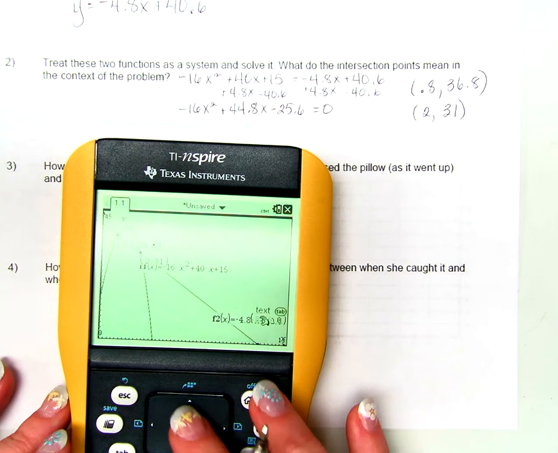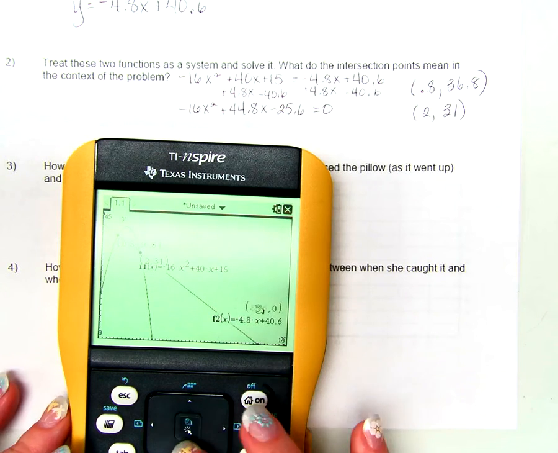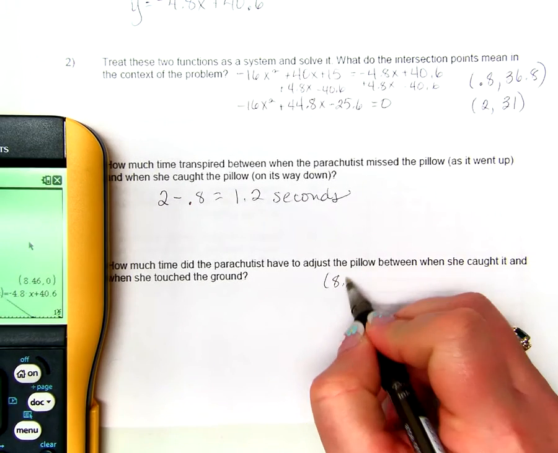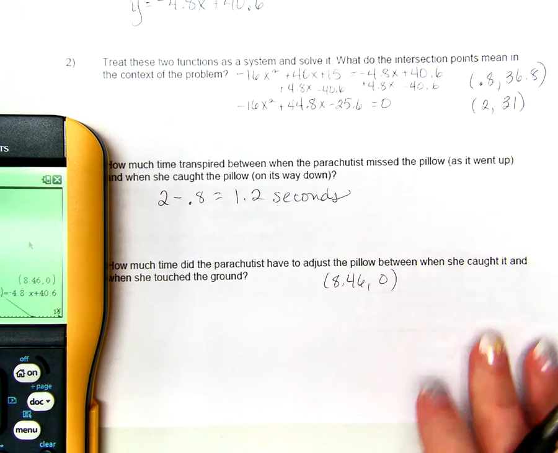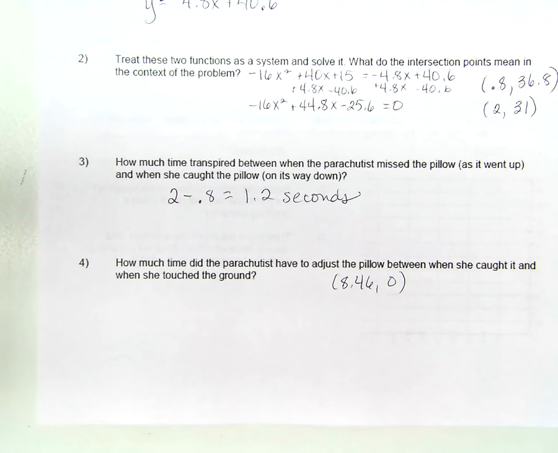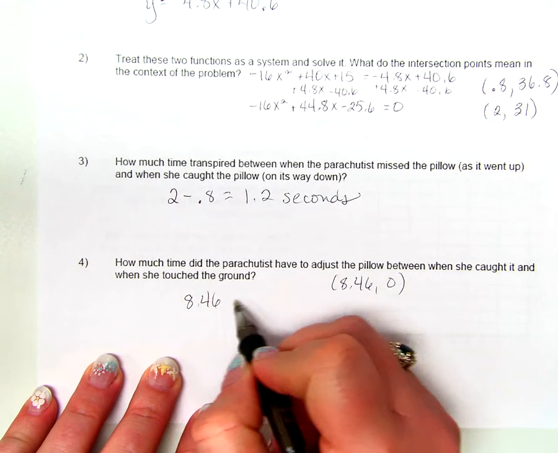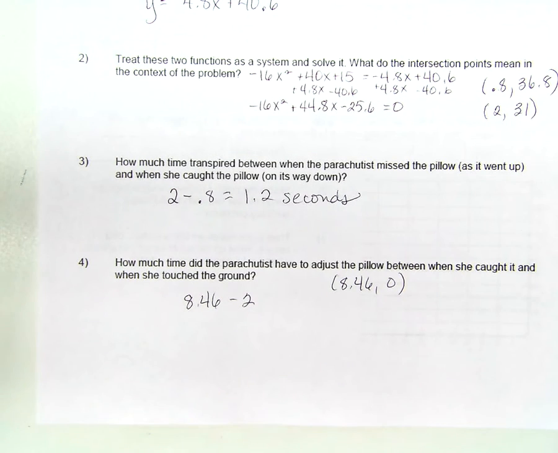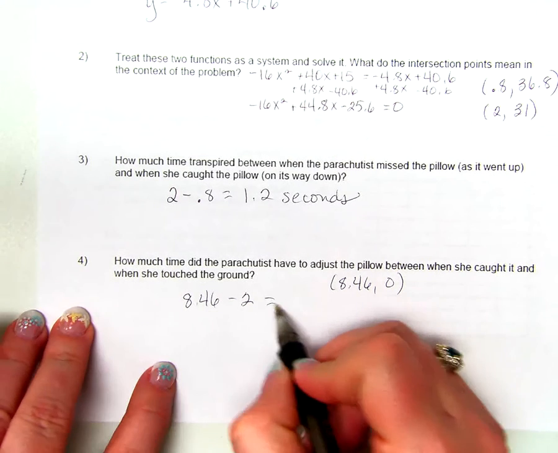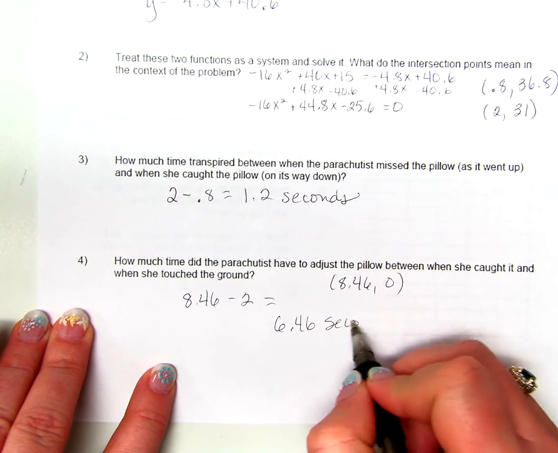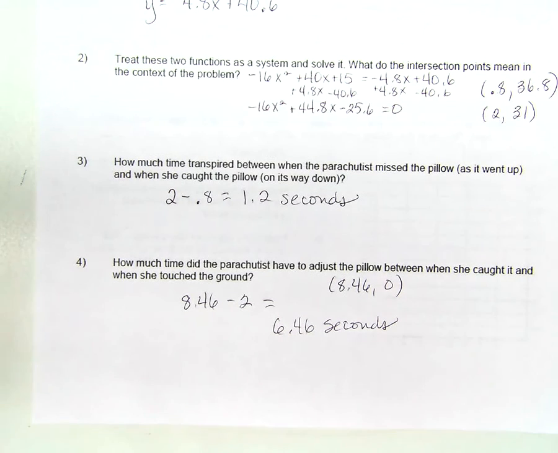I can't see it very well. 8.46. So how do I figure out how much time passed between when she landed and when she caught it? Yeah, 8.46 minus 2, isn't it? How much time did she have? 6.46 seconds. Good job, guys. Good job.